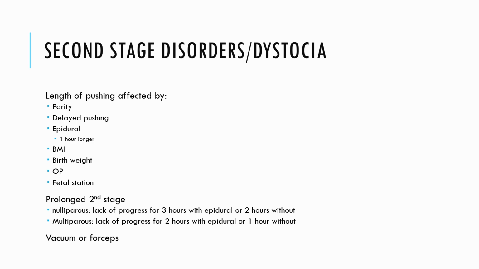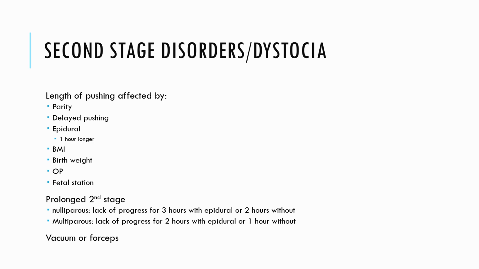So basically that means when baby's head delivers, if it's in the OA position, it's going to be facing down towards mom's butt. OP position means the baby is facing up. This makes it more difficult for the baby to fit correctly through the pelvis and can lead to longer pushing for the mom.